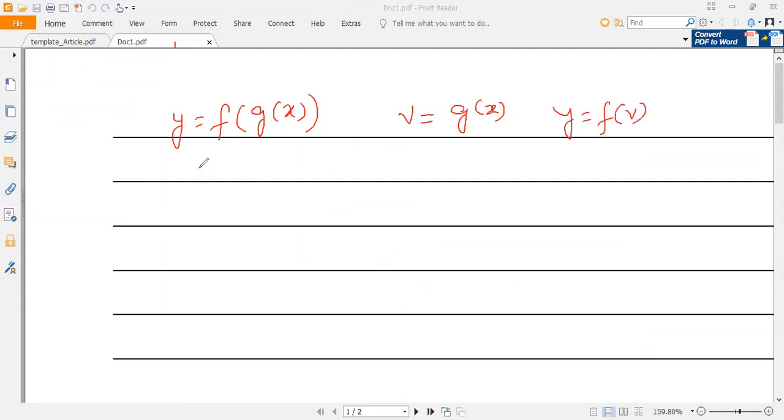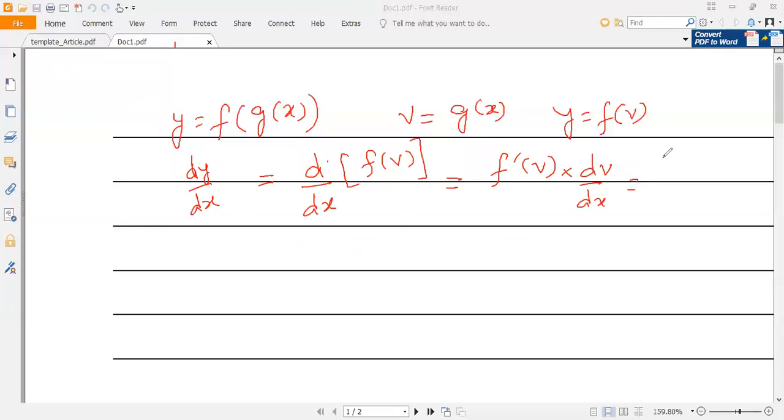Now if we have to find dy by dx, we differentiate f of v, so it will be f dash of v, but this v is in turn dependent upon x, so we multiply it with dv by dx.